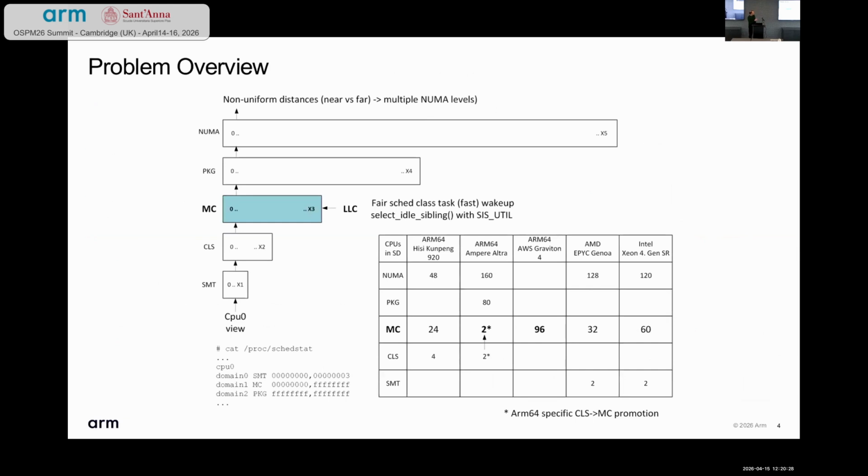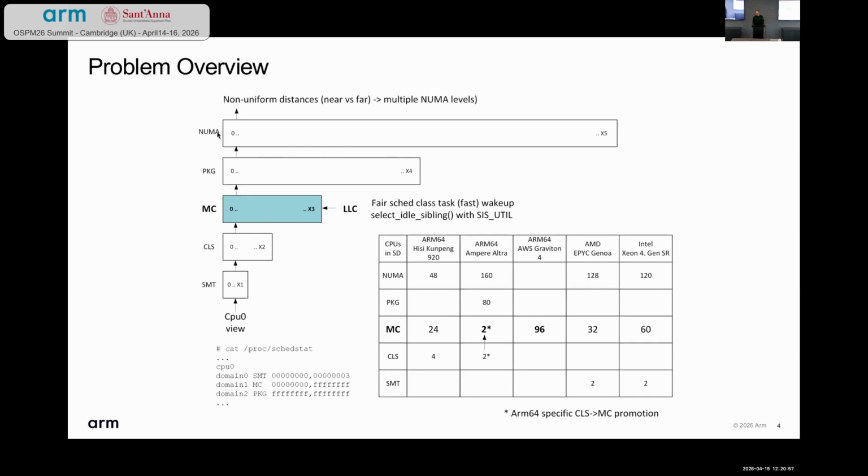So this is just describing as an overview where we are right now in the topology of the kernel scheduler. Vincent also talked about the select idle sibling, for instance, and all this wake up functionality in fair.c. This is all happening in this domain level here. We call it multi-cluster. This is showing you the CPU mask, obviously from SMT towards NUMA, this is growing.